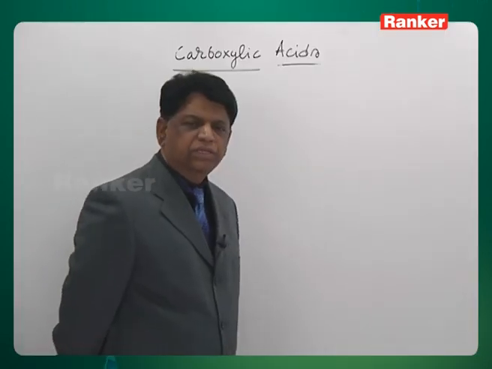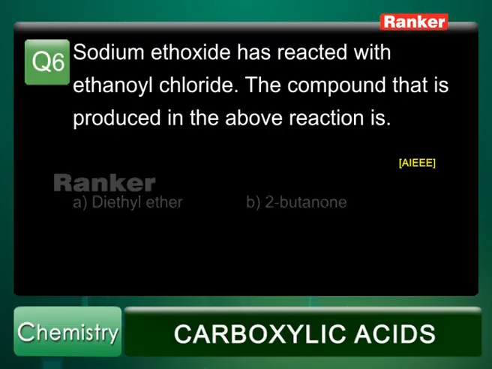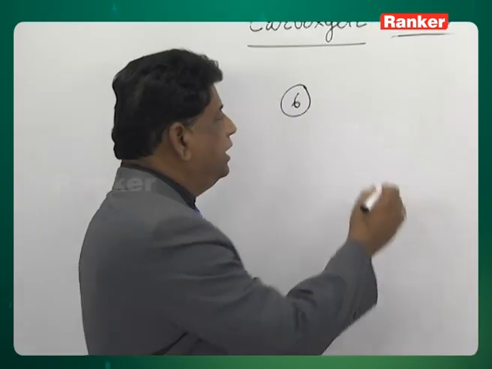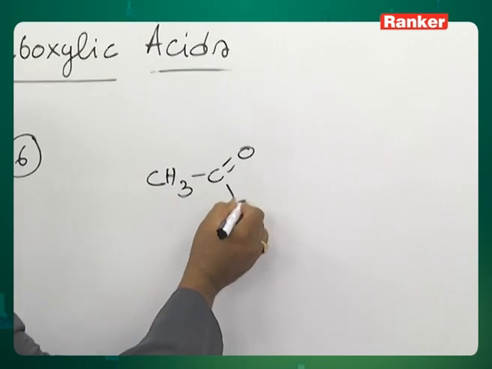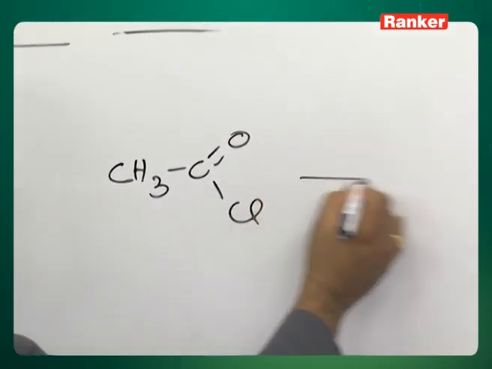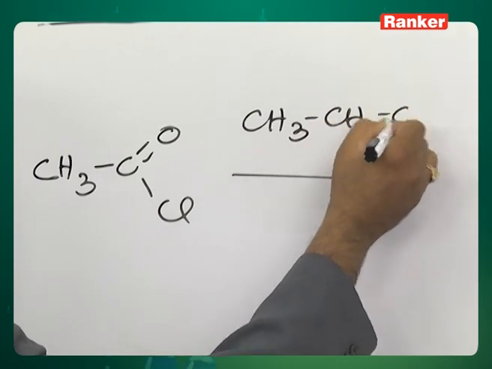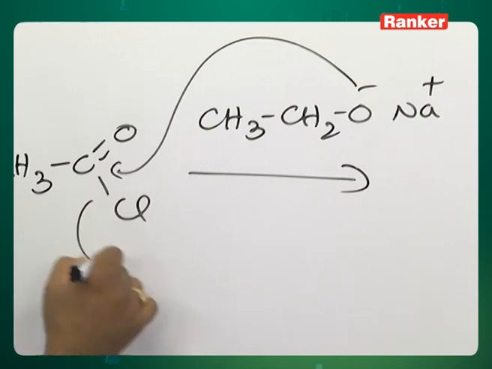So let's go to question number 6 here. Sodium ethoxide has reacted with ethanoyl chloride. Ethanoyl chloride, that is acetyl chloride, is treated with sodium ethoxide. So the ethoxy group will replace the Cl.